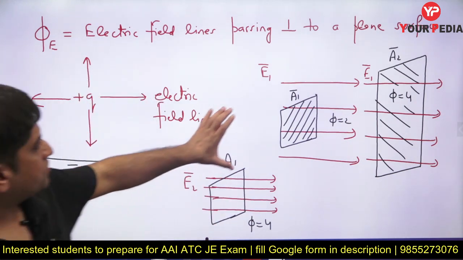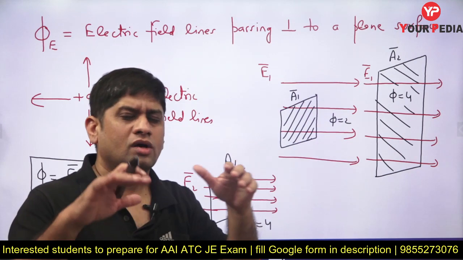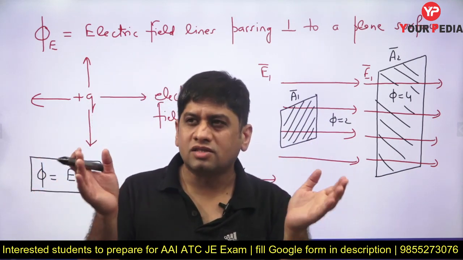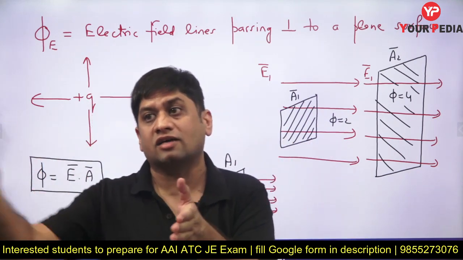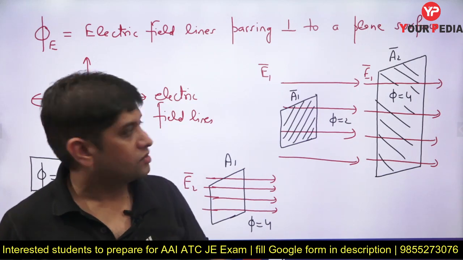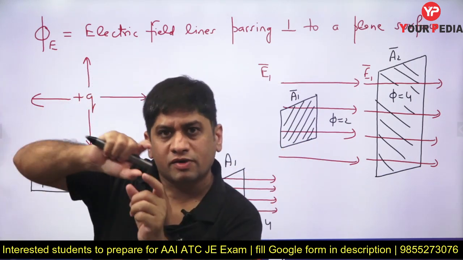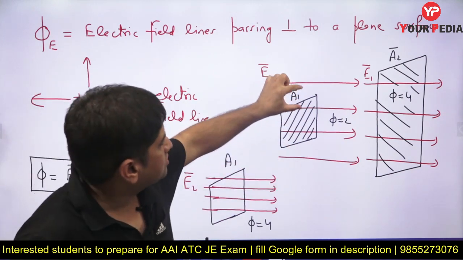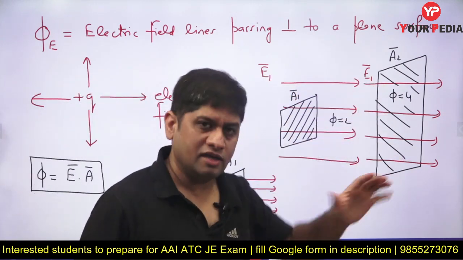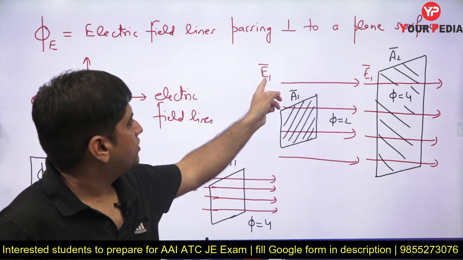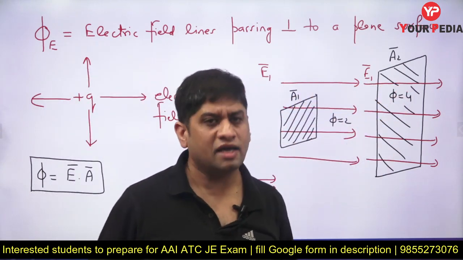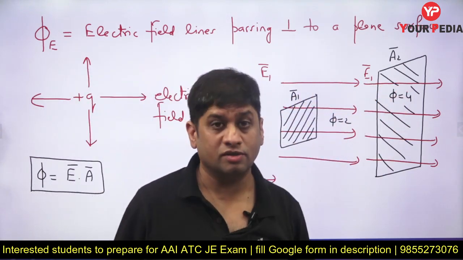Can you say these electric fields look the same? How do you see the electric field? Sir, the density of lines tells us about the intensity of the field. And how do you measure density of lines? Sir, the space between 2 lines. Are these 2 lines equally spaced here and here? Yes, equally spaced. So the electric field here and here is the same, but the area is not the same.